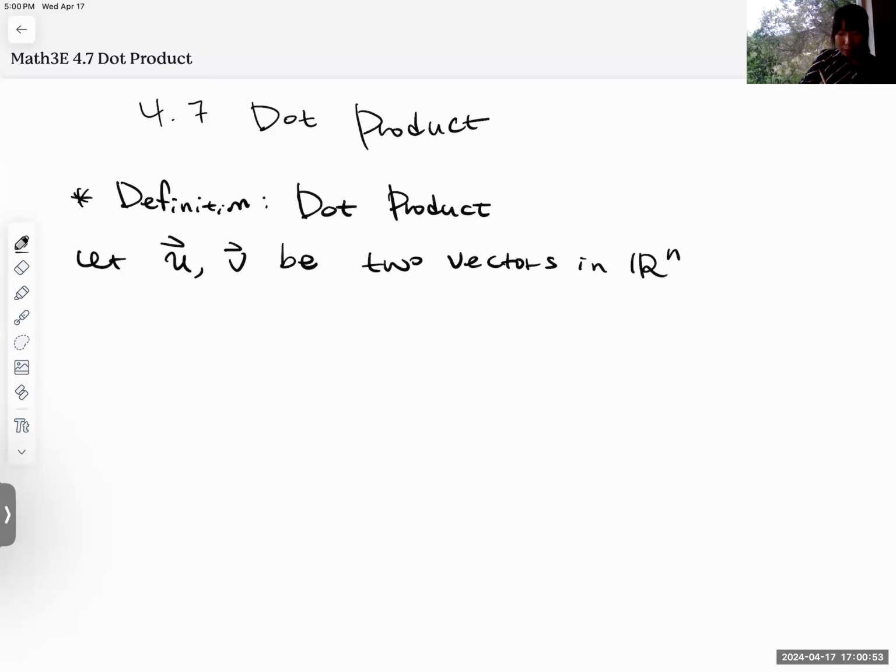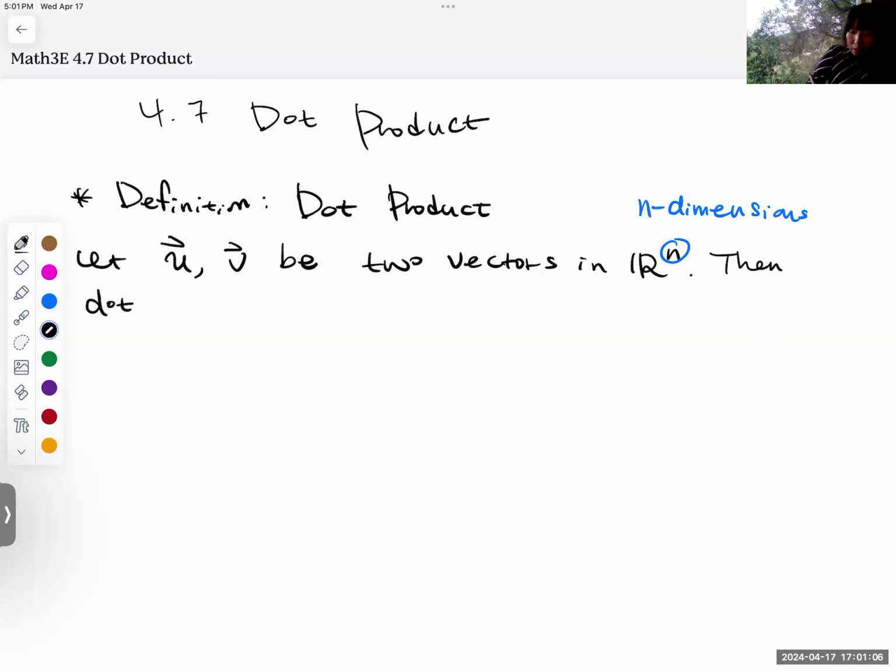We know that is n-dimensional, right? Then the dot product U dot V. We make the dot a little bit bigger. Normally we make it like that, right? So emphasizing this is a dot product.